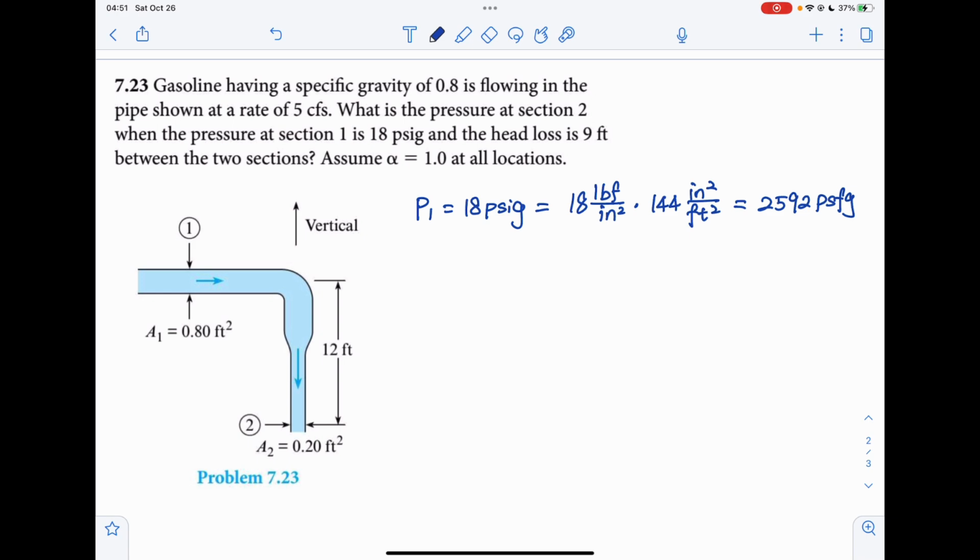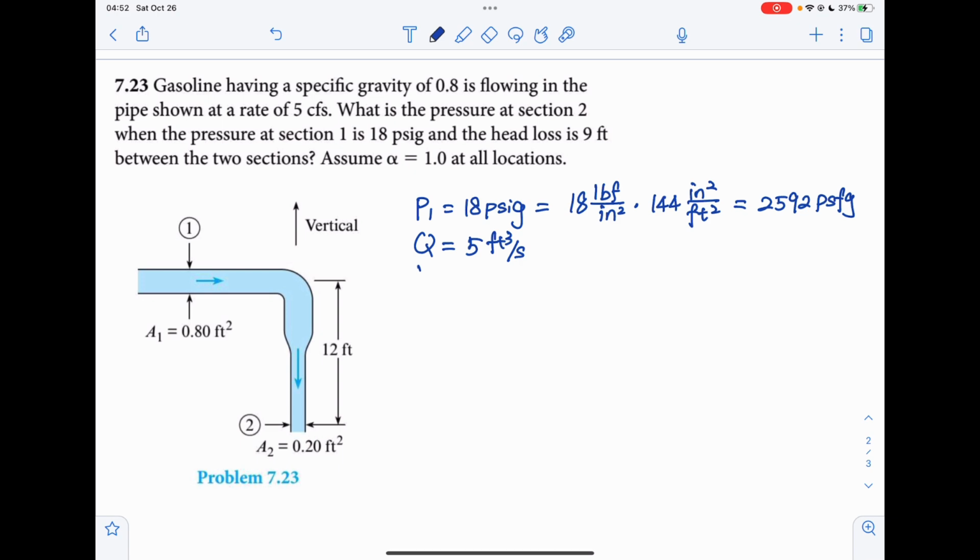Okay, so this is our P1, and P2, which is open to the air, is gonna be 0, and we're given the Q equals 5 cubic feet per second.